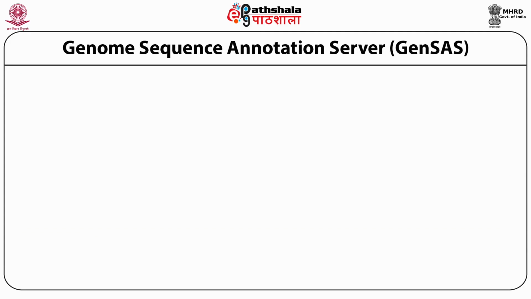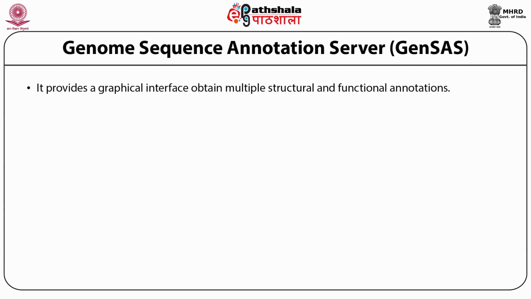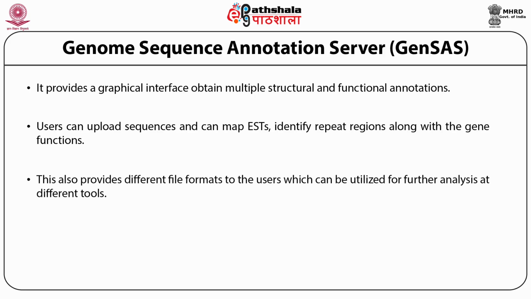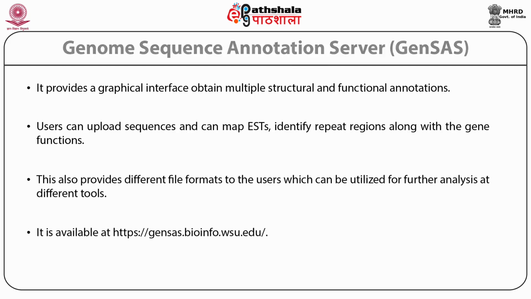Genome Sequence Annotation Server. It provides a graphical interface to obtain multiple structural and functional annotations. Users can upload sequences and can map ESTs, identify repeat regions along with the gene functions. This also provides different file formats to the users which can be utilized for further analysis at different tools. It is available at the following link.